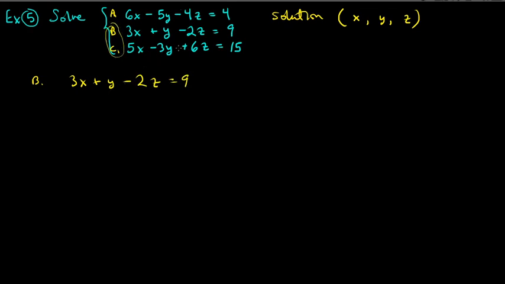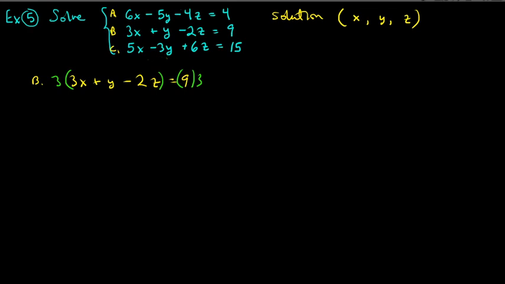In equation C I have a -3y, so I need this to be a +3y. So we're going to multiply both sides by 3, to cancel the -3y up here.